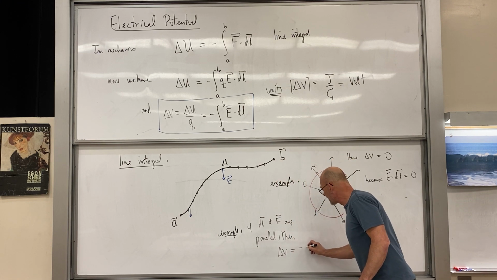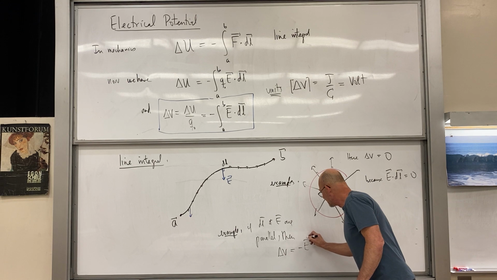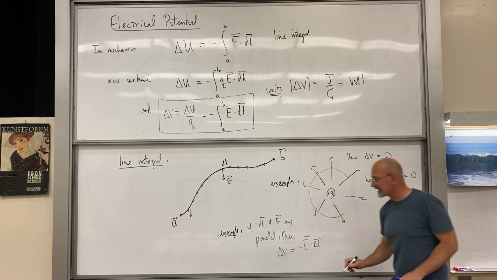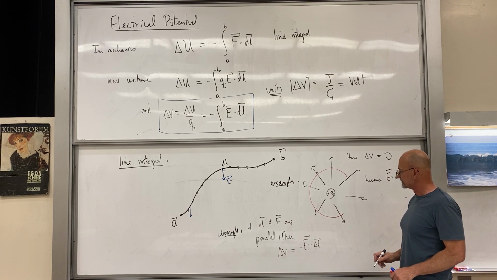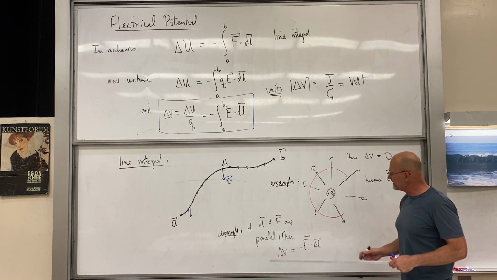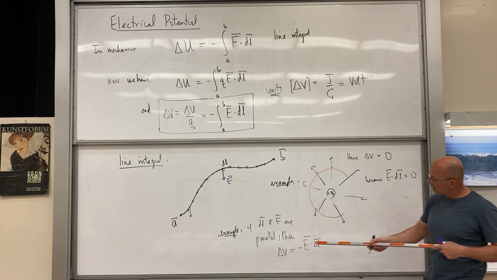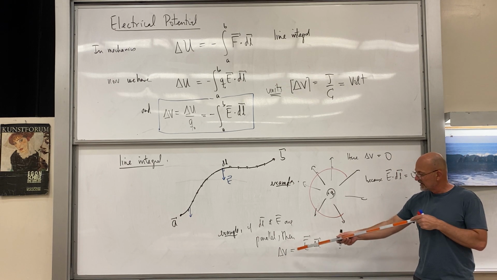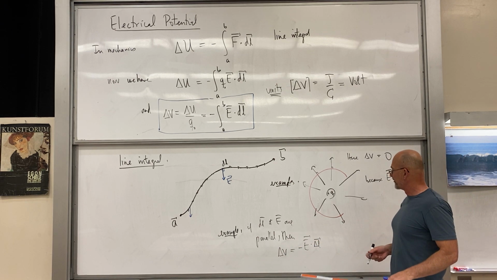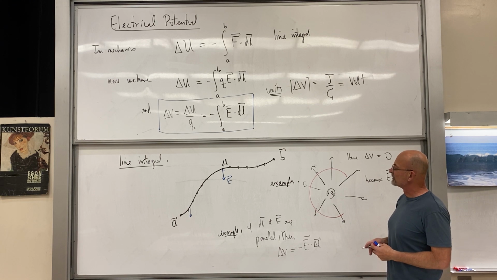We just get minus E times delta L, like that. So those two easy cases, where the change is 0 and where the change is just that linear expression, those are the two basic examples.